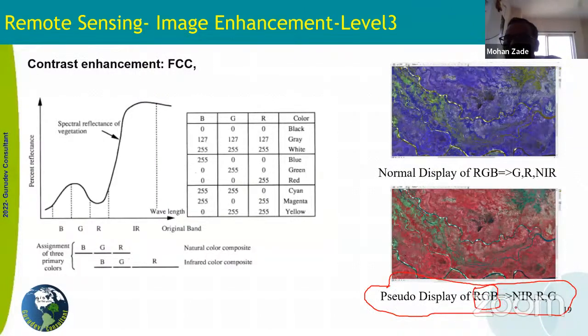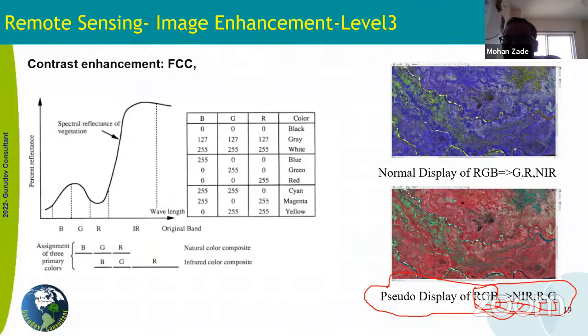However, we have images in the bands of NIR, red, and green. So arranging that means NIR is given red, the red band is given green, and the green band is given blue. We change the order. See here, the green should be green and red should be red, but we change it just to visualize the images for better readability.